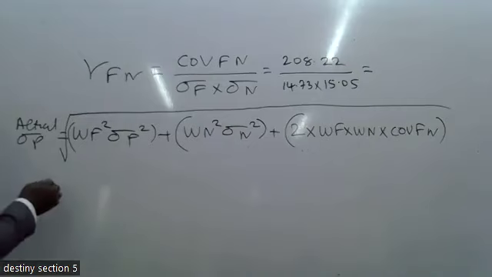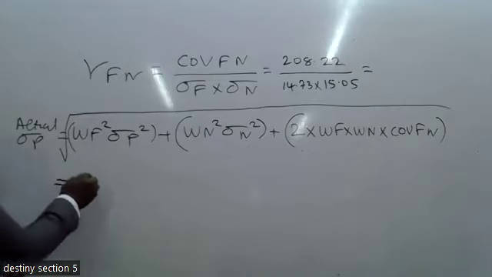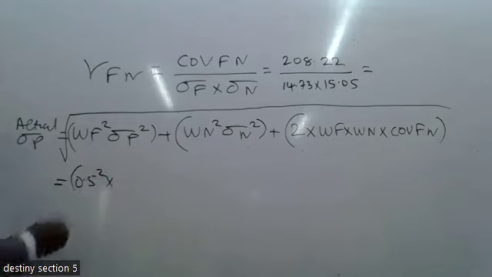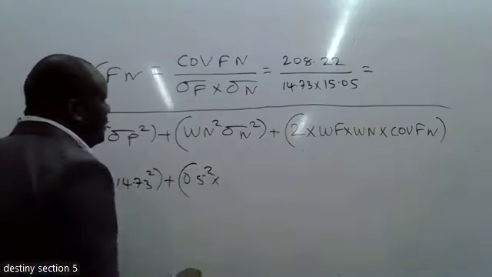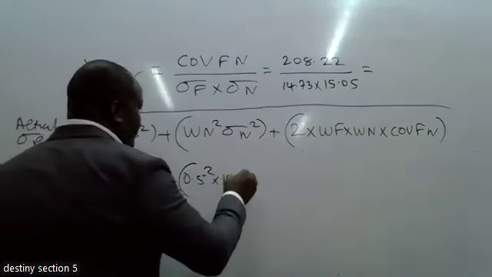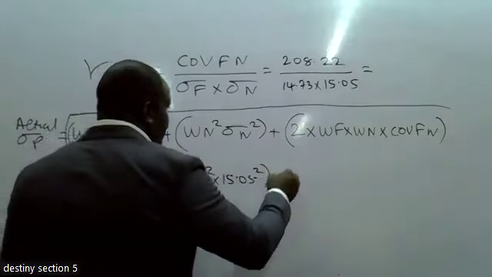So it will be 0.5 squared, then the variance for F, just square 14.7. Also 0.5 squared, then 15.05 squared.